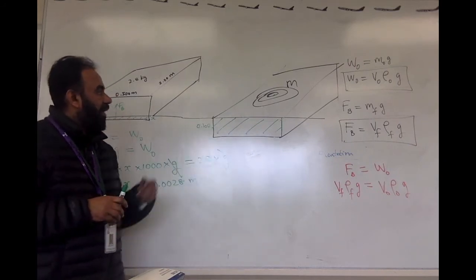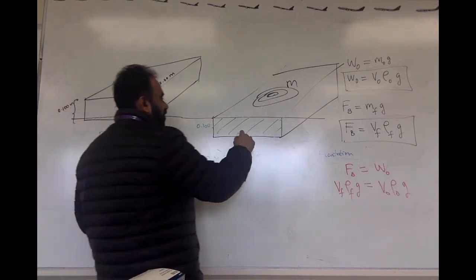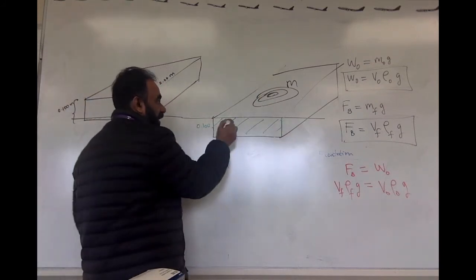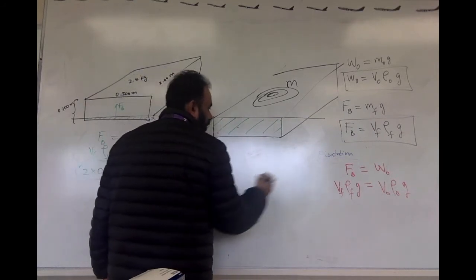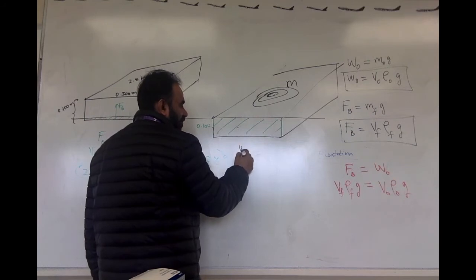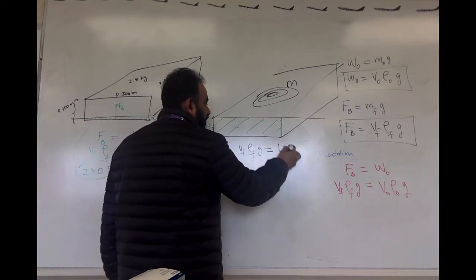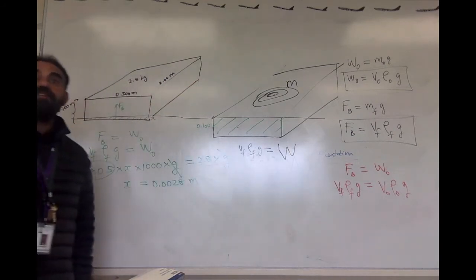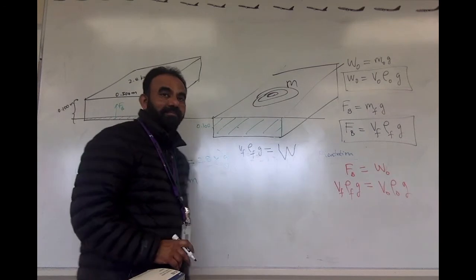All right, now come back here. What is happening here? The entire weight downward is balanced by all this volume. So we're going to use the same equation again. It's still the flotation equation. So Vf times rho f times g is the entire weight of the object. Entire weight. I'm not going to only take that.